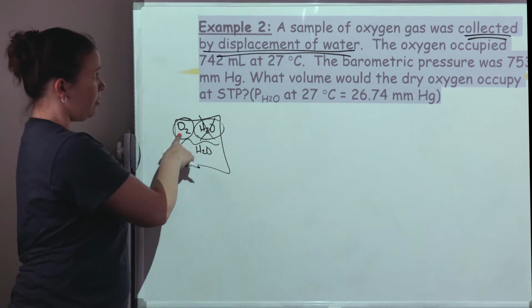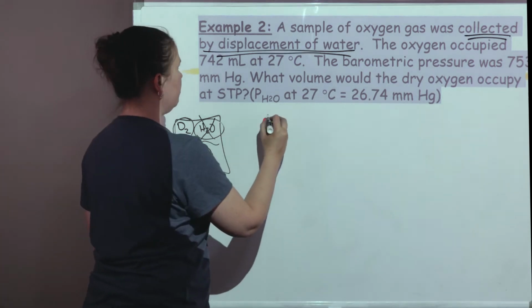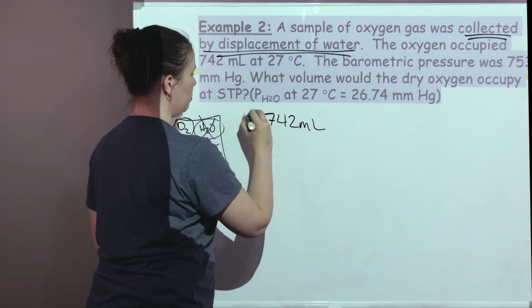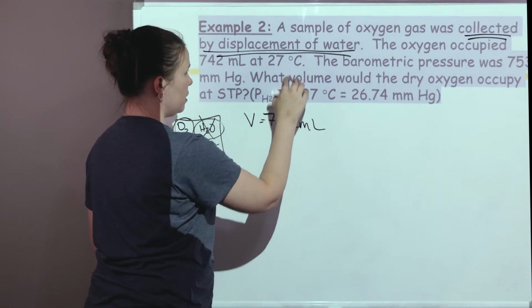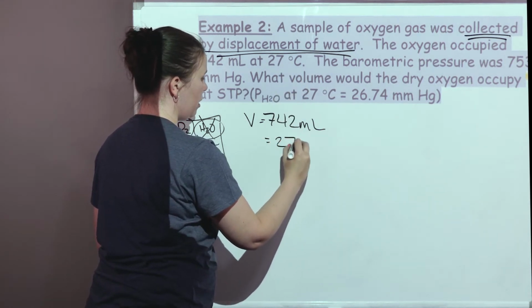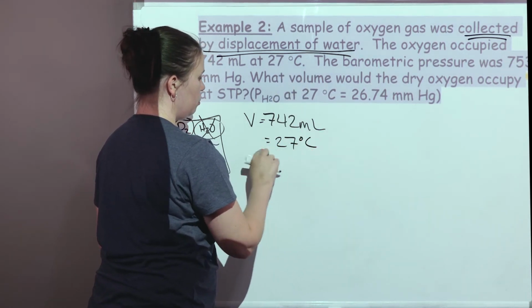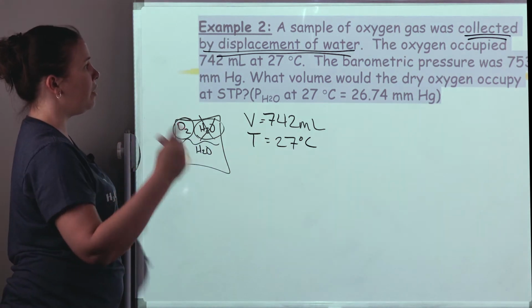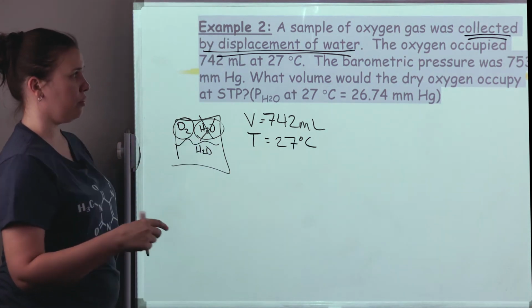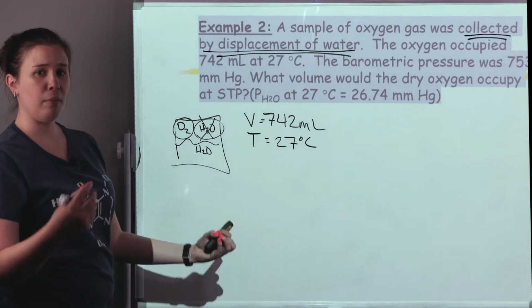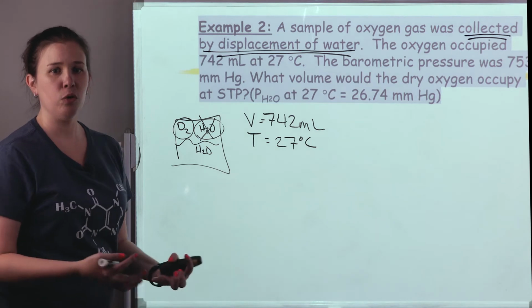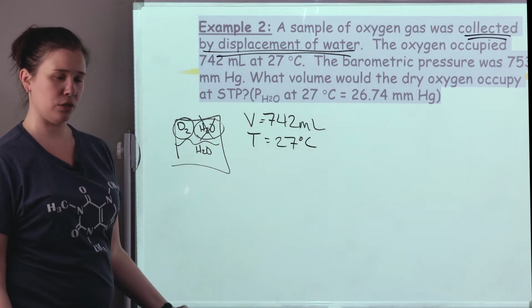So it tells me about that oxygen that I have 742 milliliters, which would be my volume. It tells me the temperature is 27 degrees Celsius, which would be my temperature. And then it tells me the barometric pressure was 753. Barometric pressure, or atmospheric pressure, basically the same thing, would be the total outside pressure.